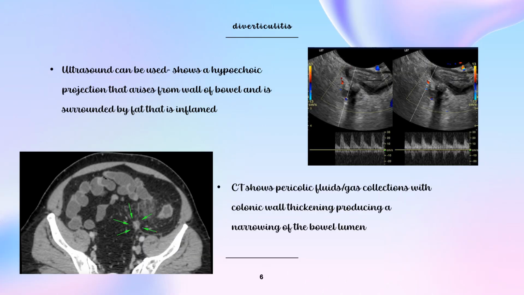I did choose to also add ultrasound. I know it's not really one of our modalities for our program, but I didn't realize that with ultrasound you could find diverticulitis, so I thought that was kind of cool. It would show a hypoechoic projection that arises from the wall of the bowel and is surrounded by fat that is inflamed.